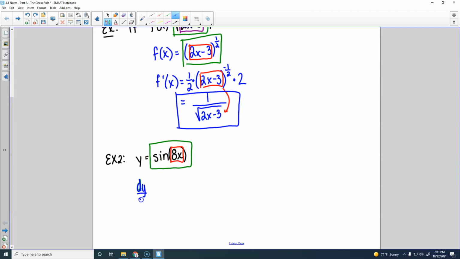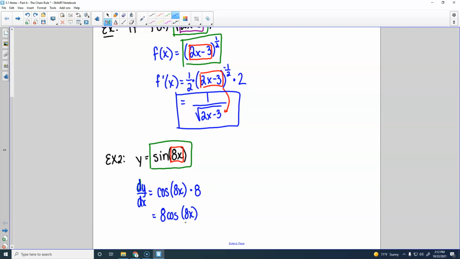So we're going to have cosine of, don't change the stuff on the inside, cosine of 8x. And then we have to multiply by the derivative of the inside, which would be 8. Typically, this is going to be written this way, 8 cosine 8x. That's it.